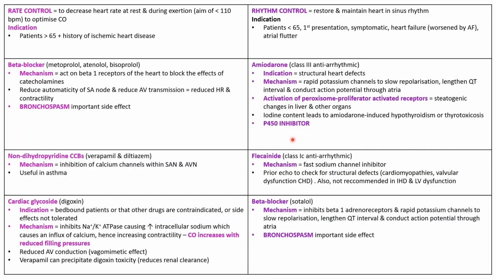Okay. So what we have here are some of the pharmacological options we can use for atrial fibrillation. And I just want to mention before we delve into this table, because I know there's a lot of information: beta blockers typically are within class 2 of the Vaughan-Williams classification of antiarrhythmics, but there's a drug called sotalol, which is essentially a class 3 antiarrhythmic, but it also has beta blocker properties.